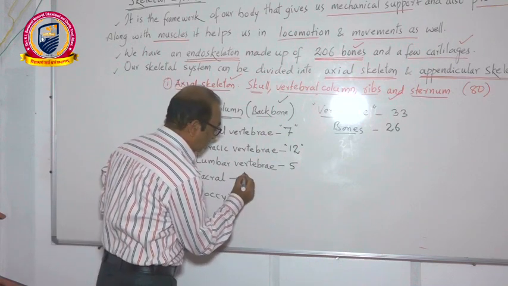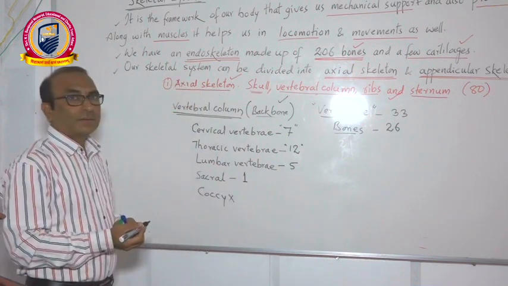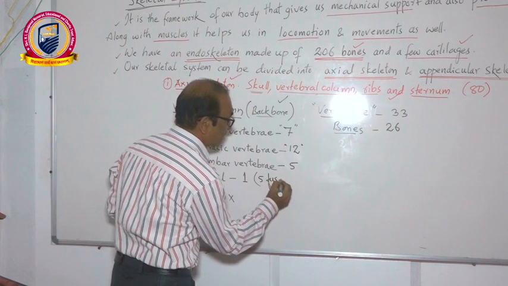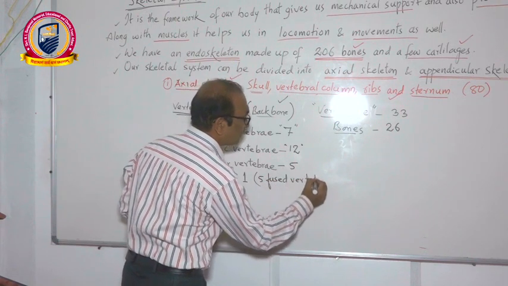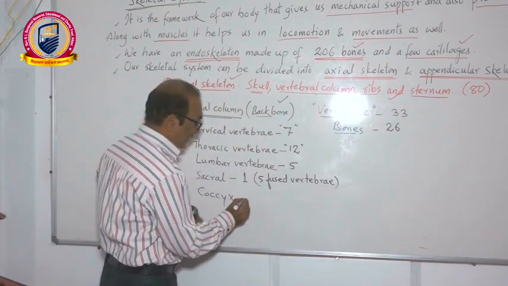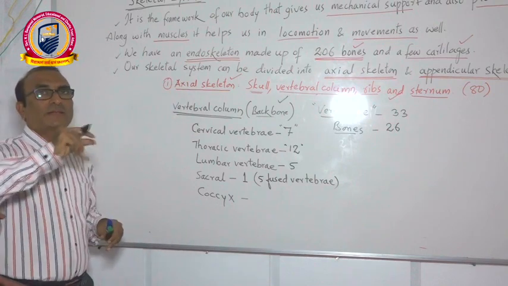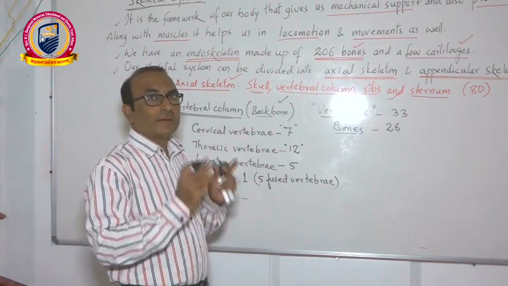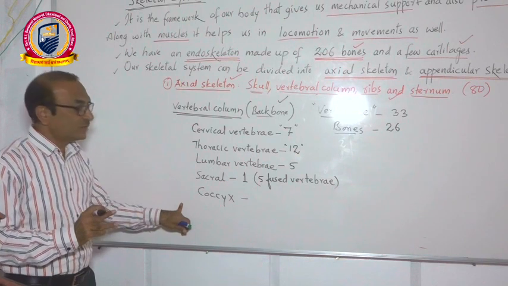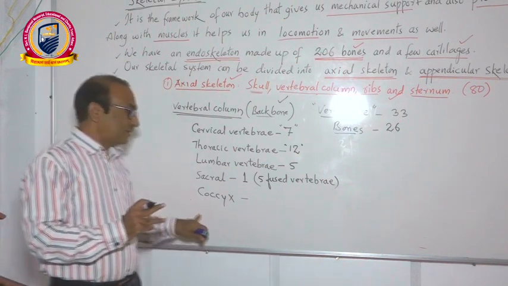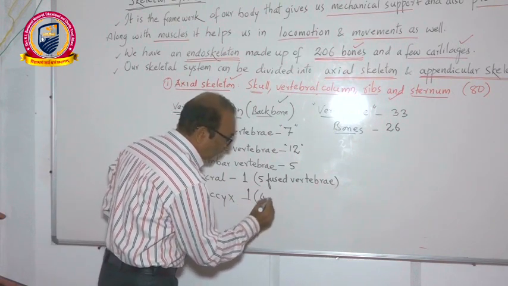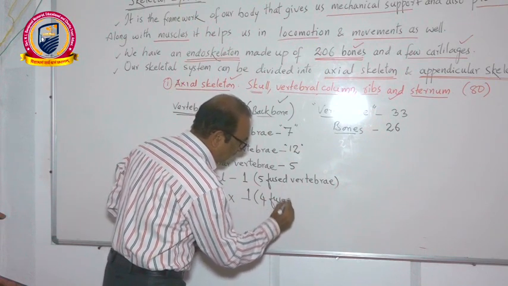Actually we have one sacral bone now, but it is formed by the fusion of 5 vertebrae. Then the coccyx, a small curved pointed bone at the lower end of the backbone. Actually that represents highly reduced tail vertebrae. It is a single piece but it is formed by the fusion of 4 tail vertebrae.